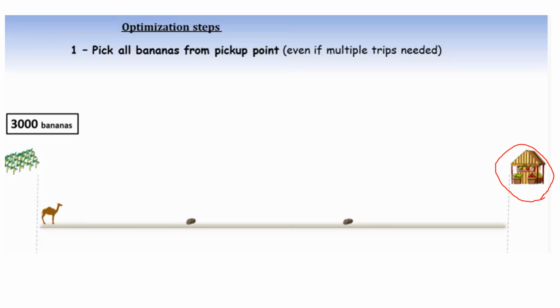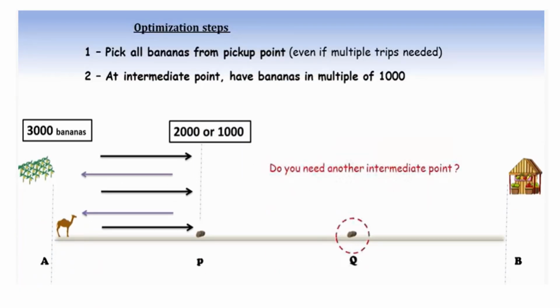So with 3000 bananas, assume we take some intermediate points P and Q. Assume the 3000 bananas have to be kept at the intermediate point P. We don't know the distance of P from A, so with some assumption of an X value, we'll proceed. This may be some Y value. This may be some Z value. We'll calculate what X, Y, Z are. Anyway, X plus Y plus Z is equal to 1000.